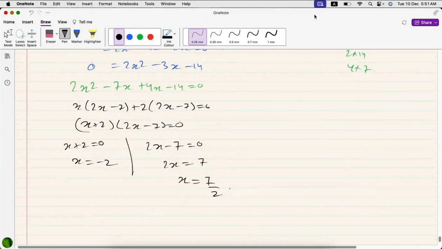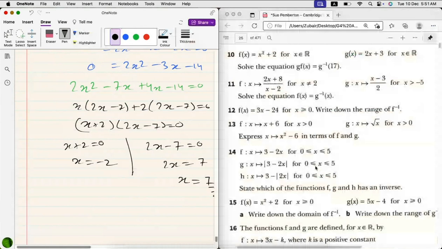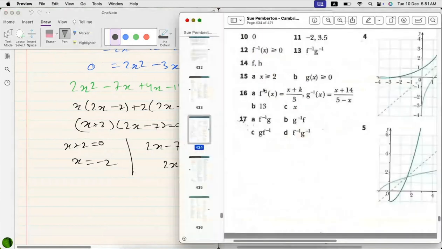So minus 2 and 7 by 2. This was question 11. Minus 2 and 7 by 2 is 3.5.